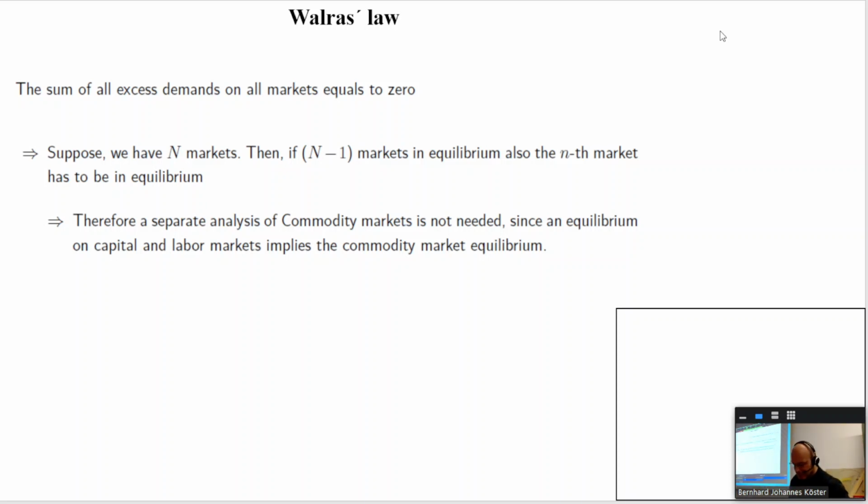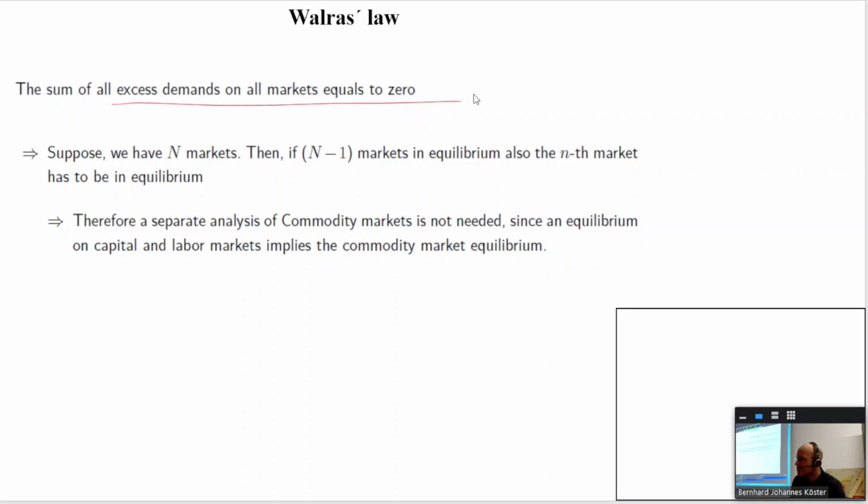Well, at first, of course, we say that these are the excess demands, and now we assume that our markets are perfectly functioning. So in general, we assume that a market tends very fast to equilibrium.